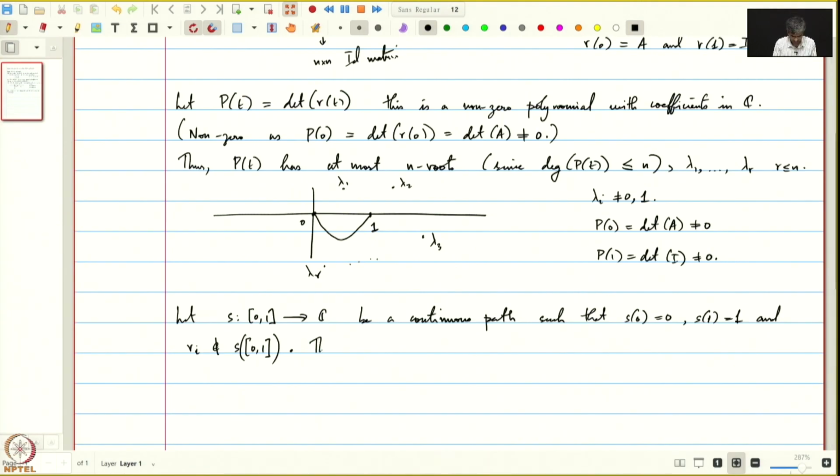So then gamma composed with S, this is from [0,1] to M_n(C], the image lands in GL_n(C).